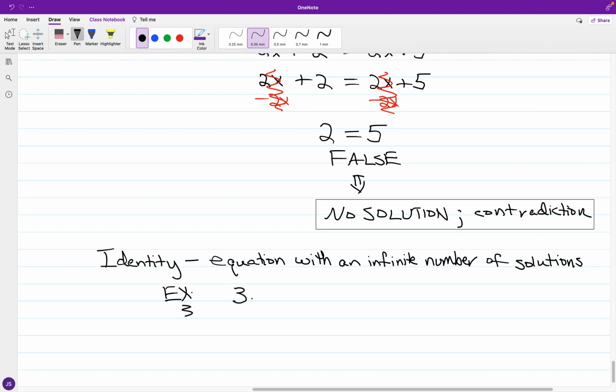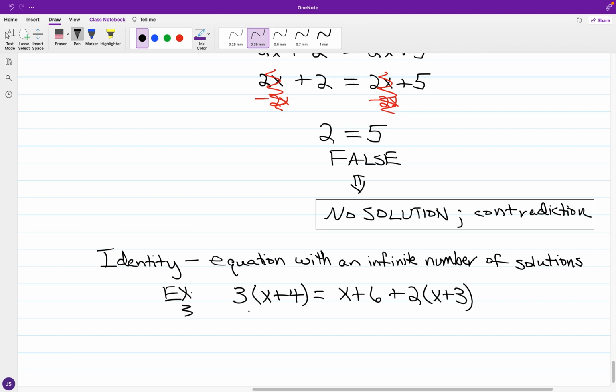And let's say that if you're looking at a case of an identity, trying to solve for x, and let's say we have 3 times the quantity of x plus 4 is equal to x plus 6 plus 2 times the quantity of x plus 3.